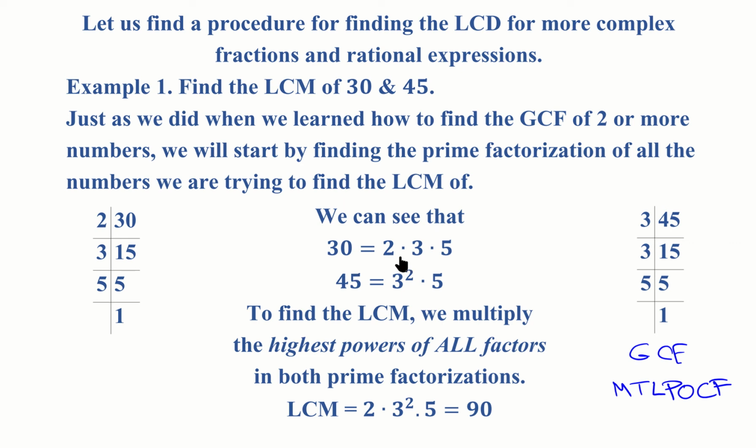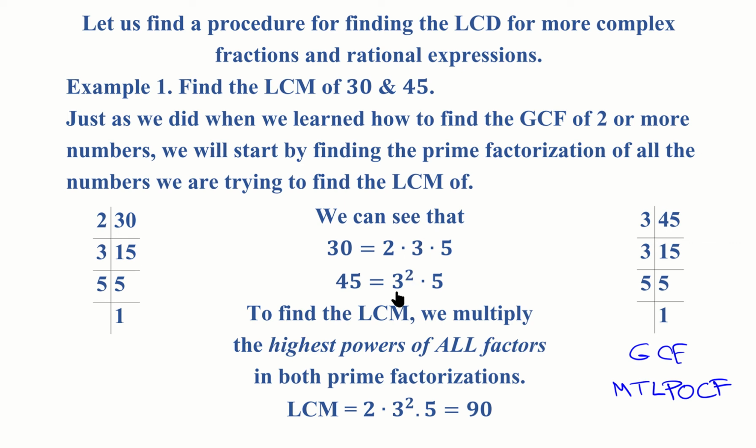So we first of all identify all the factors that are involved. We notice there's 2, there's 3, and there's 5, right? So for each one, we locate the highest power that we can see in these two factorizations, and these factorizations need to be written in exponential form for our procedure to work. So notice that the highest power of 2 that is in either factorization is just 2 itself.